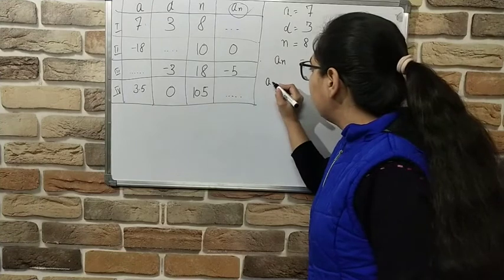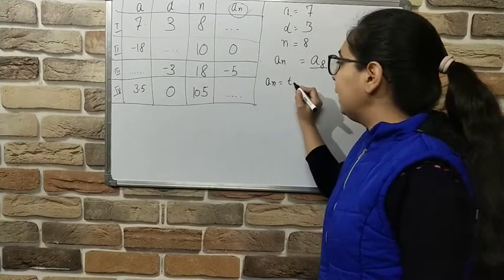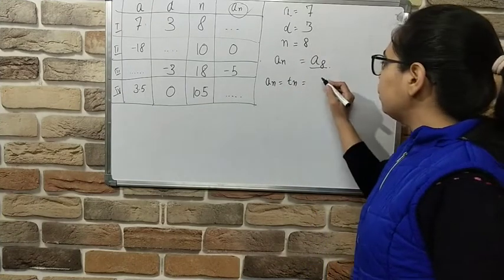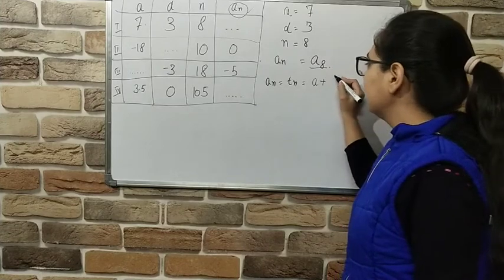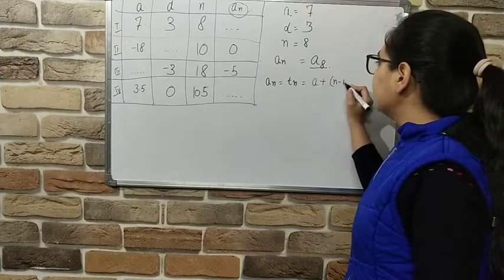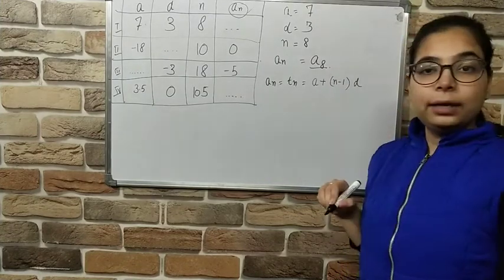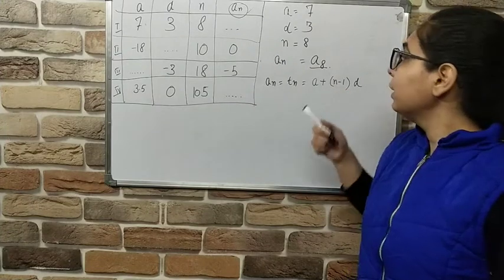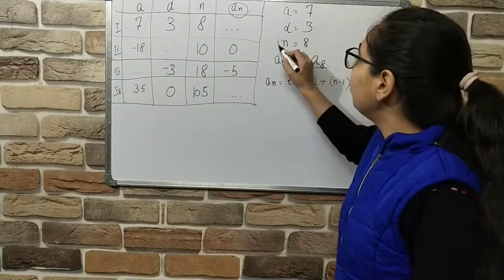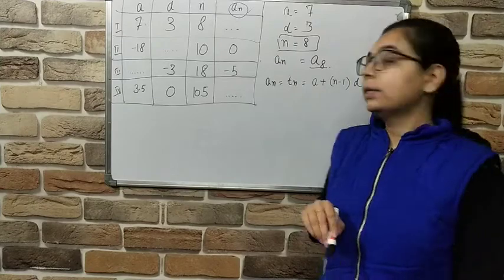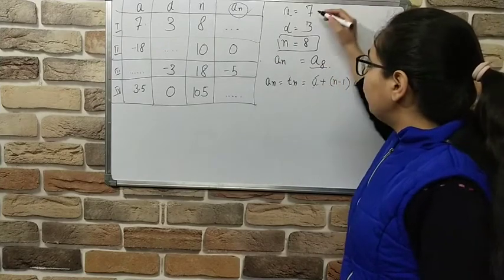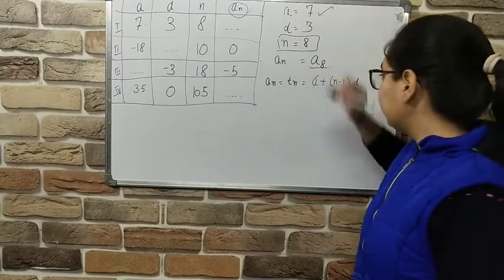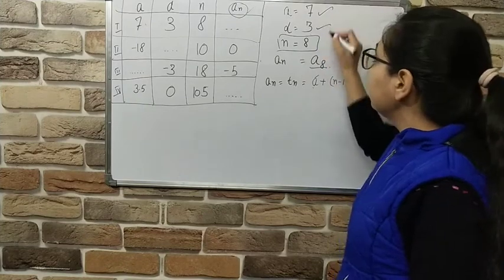An, or we can say Tn, is equal to a plus n minus 1 into d. Now what is n over here? N is the number of terms that we want to find, which is equal to 8, and a is the first term, which is already given, that is 7, and d is 3.